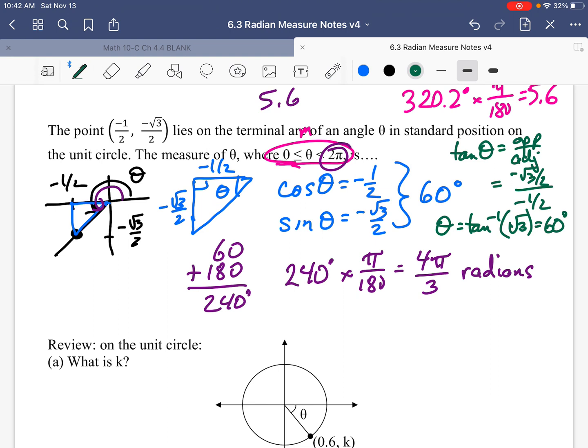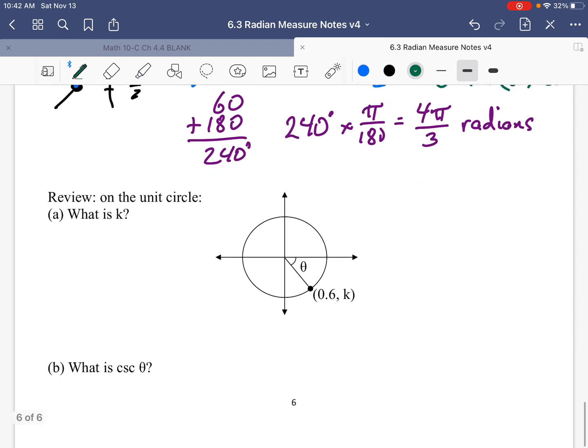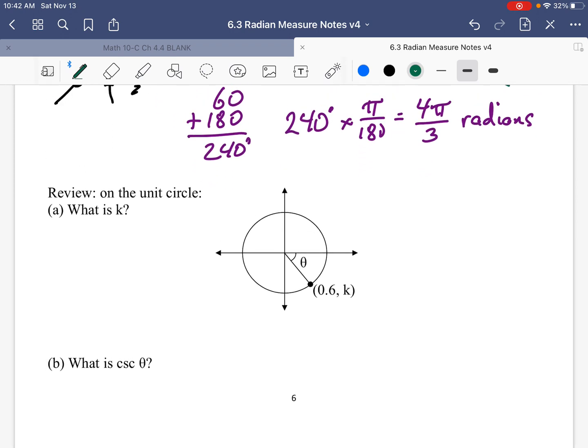Minus 3/2 divided by minus 1/2 becomes minus square root 3 over minus 1, or root 3 over 1, which is just root 3. That simplifies to square root of 3, which is 60 degrees. So you could just simplify it that way if you wanted to. Whatever floats your boat.